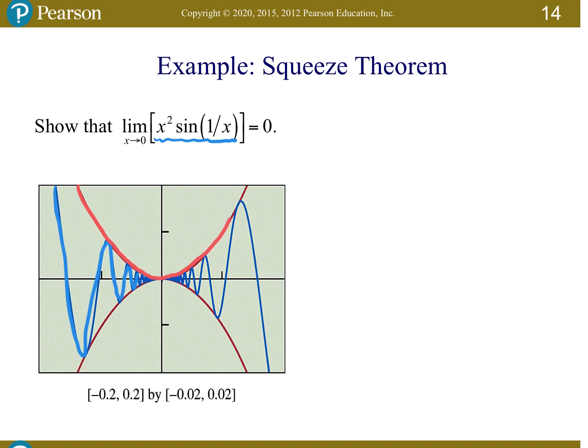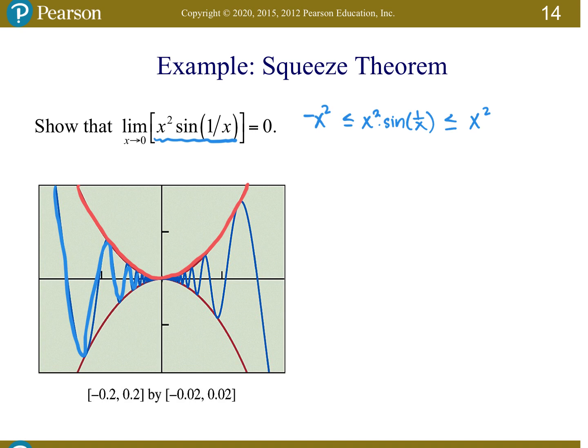Those are two parabolas. We start by saying that x squared times the sine of 1 over x is being squeezed between a negative parabola and a positive parabola.